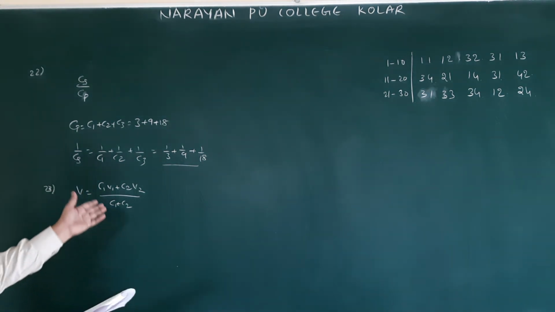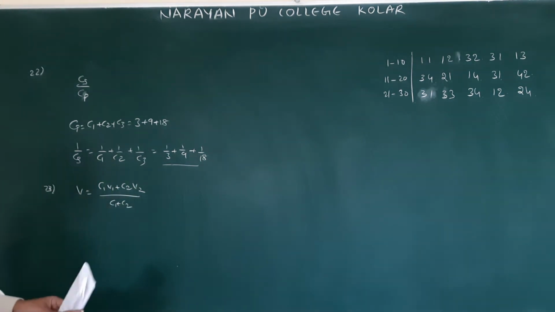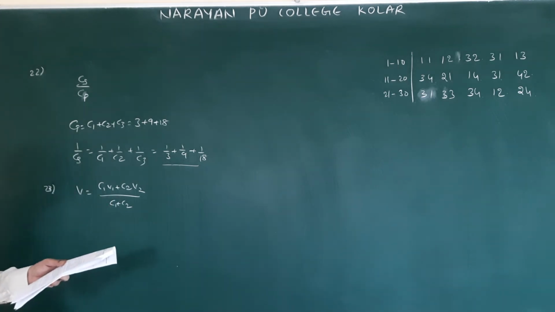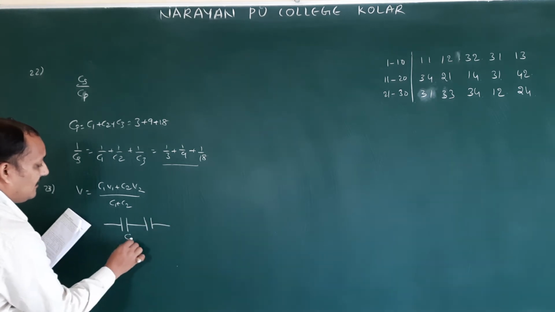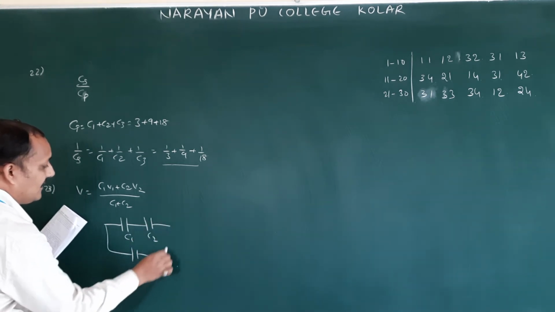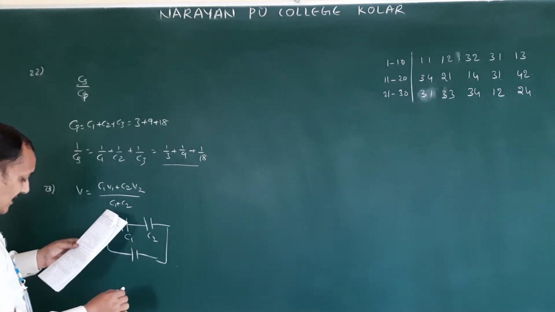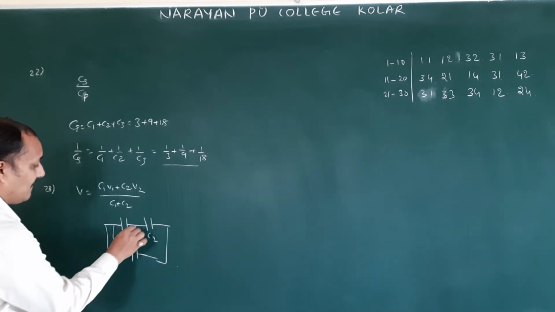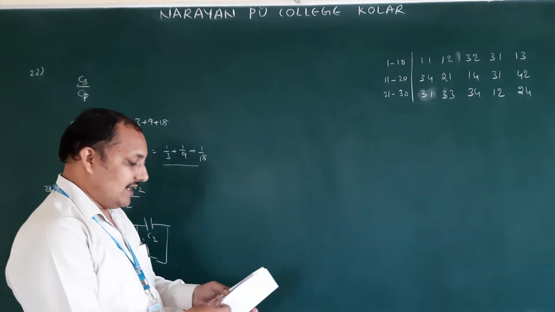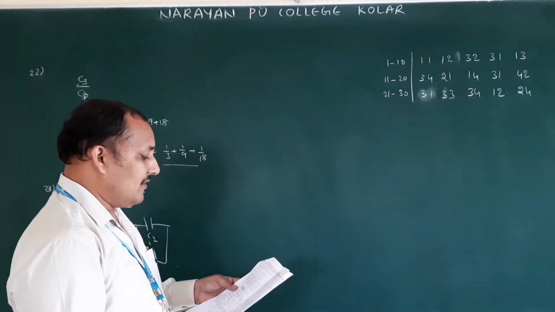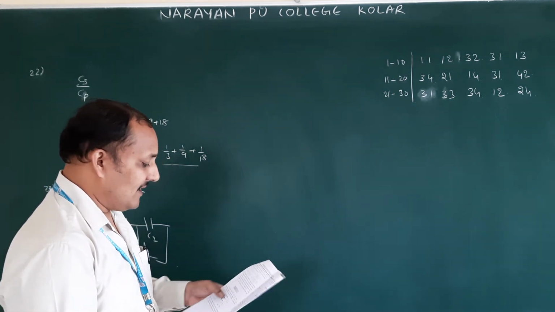They are connected in series, not common potential. So they are asking what is the potential across C1, C2V by C1 plus C2. This one we already discussed in theory, concept wise. 24, option 3, very direct formula.